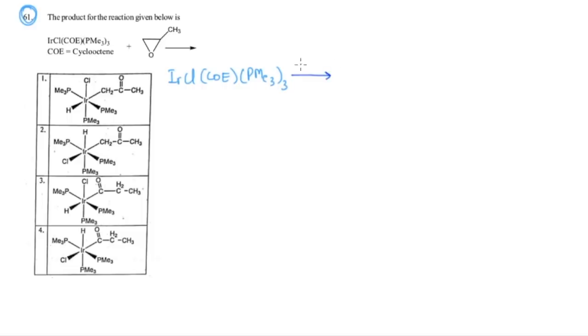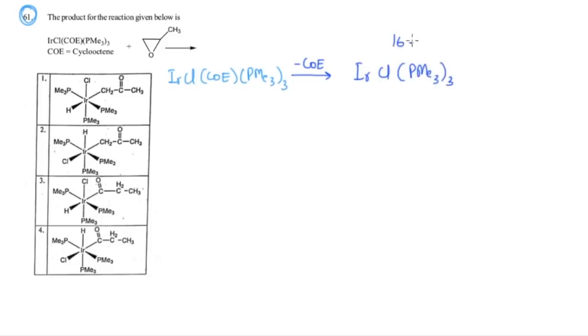First of all, this COE, that is cyclooctane, will go out of the reaction in order to make it coordinatively unsaturated. When the complex becomes coordinatively unsaturated, only then can the next ligand come and bind. So the next species which will be formed will be iridium Cl, and then we have PMe3 thrice.